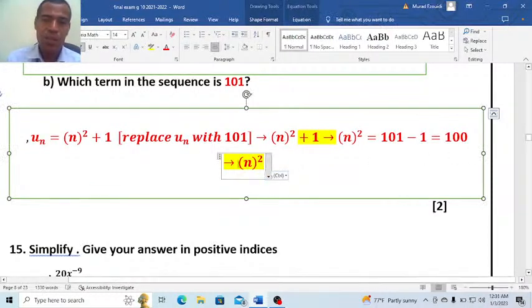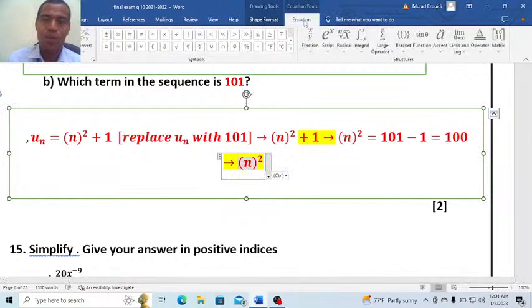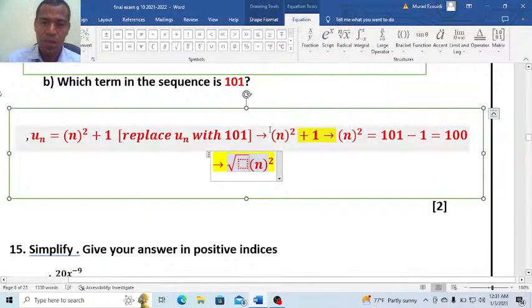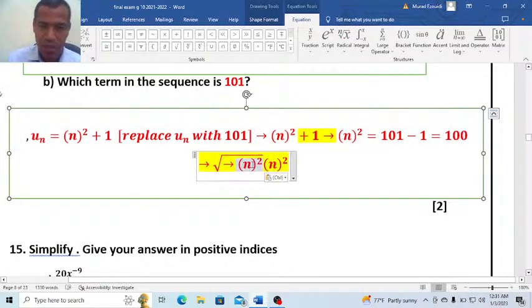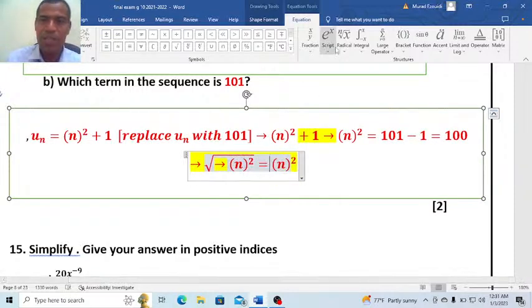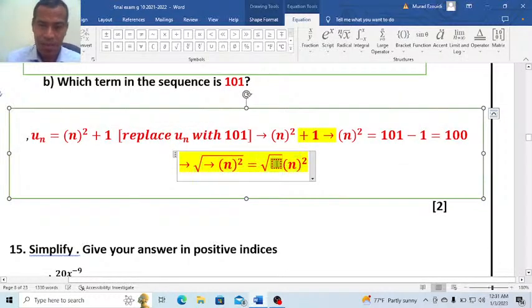I will apply the square root now. The root of n squared should be equal to the root of 100. Root of 100.